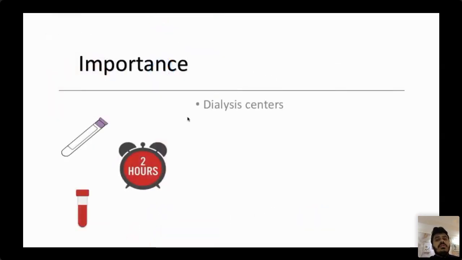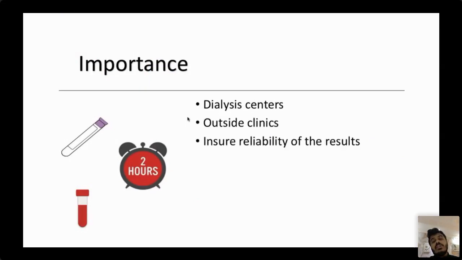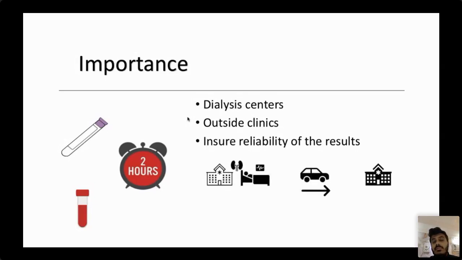Why is this important? Because many dialysis centers and outside clinics are located far from the hospital, and they send their samples to the hospital. So this can assure the physician that no clinically significant change will occur to the intact parathyroid hormone due to transportation.